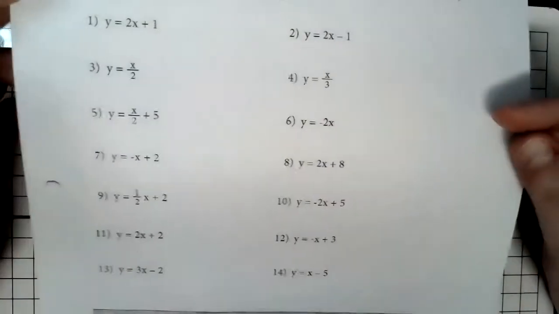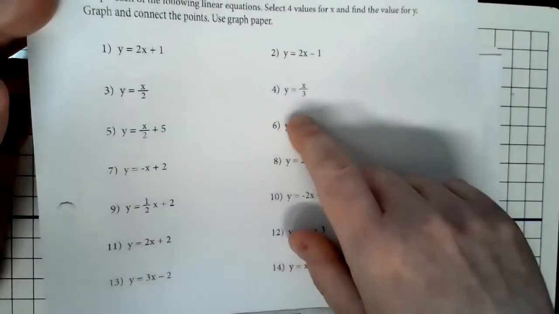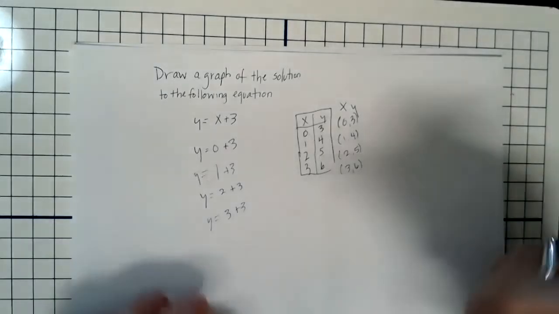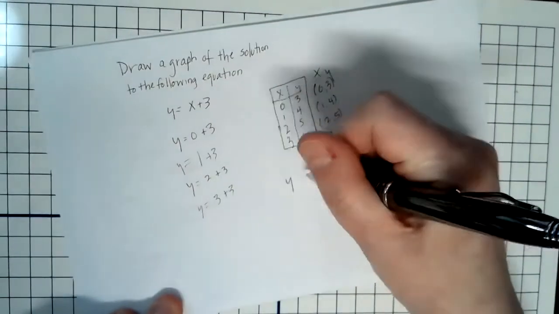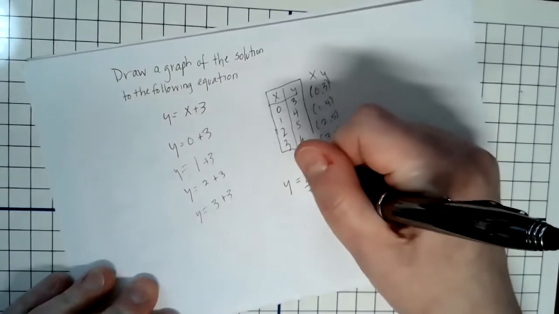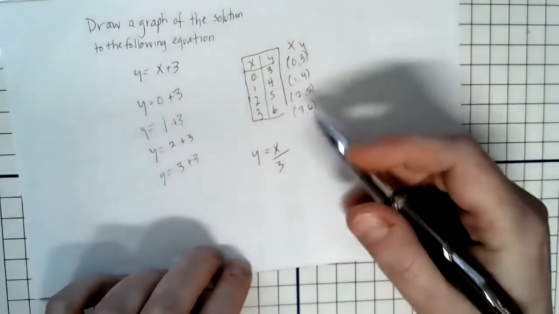Let's see, look at some of these. Let's do y equals x over 3. Now, there's a trick to doing these in the function table.